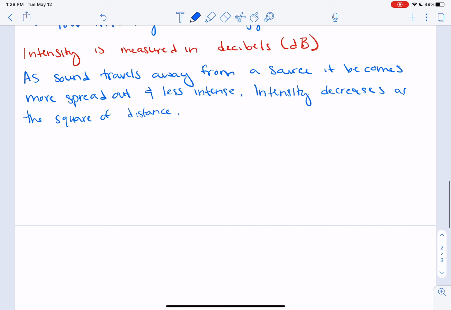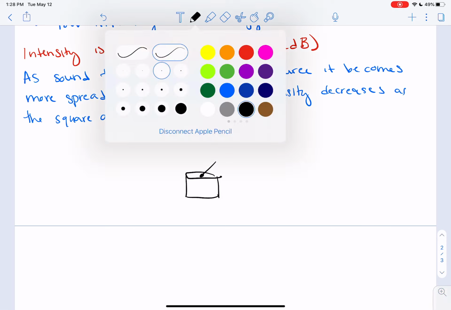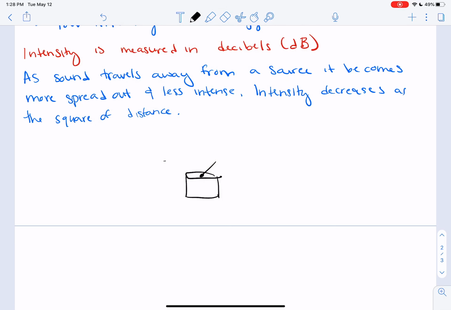Okay, so let's say you have a drum. This is our drum and we hit it. Our sound wave goes out, and as it goes out, it becomes less and less intense.